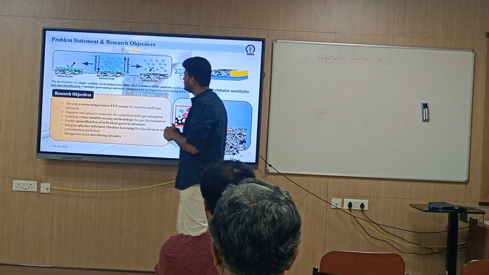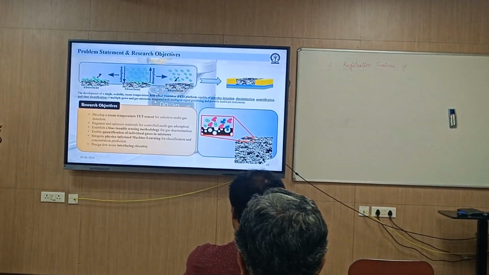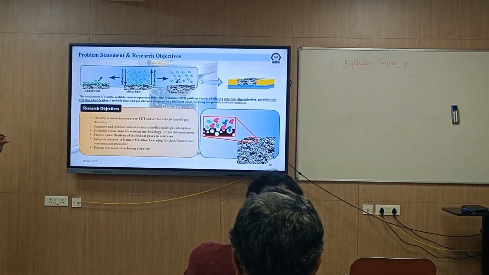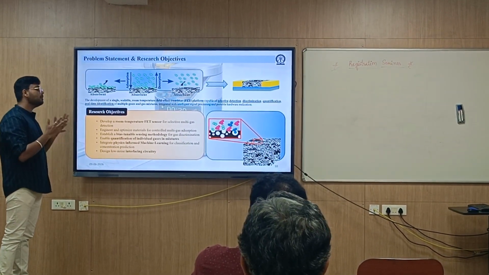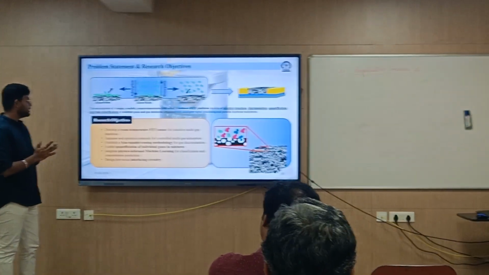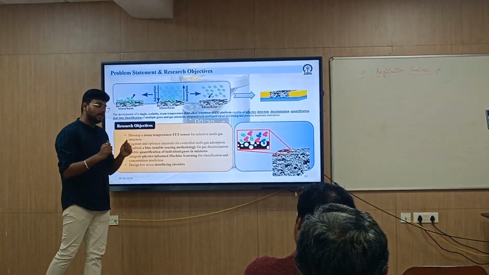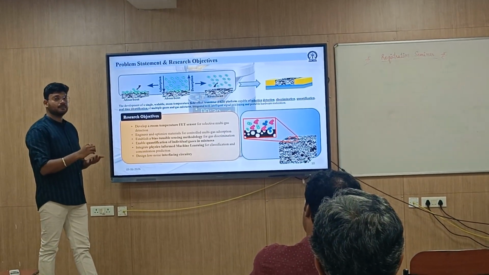So, research objectives. First, I have to choose the material, and then at room temperature, I have to experiment in a multiple gas environment and a single gas environment. Then quantification: create a database to apply physics-based ML.